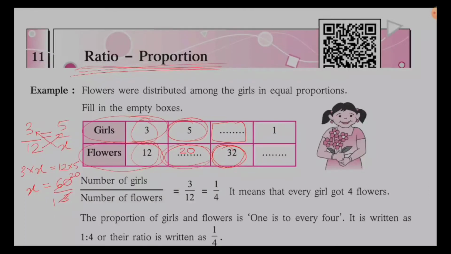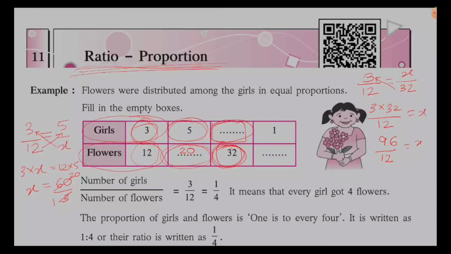The same thing we will do: the number of girls were 3 and the flowers collected were 12, then the number of girls we will now take as x, because we don't know this, but the flowers collected are 32, so this 32 will get multiplied over here, and this 12 will remain itself. Now you will multiply 3 with 32. 3 2s are 6, 3 3s are 9, 96 upon 12. This will be your answer of x.